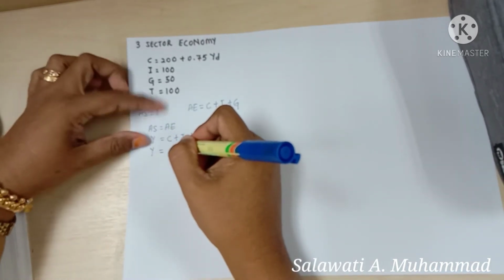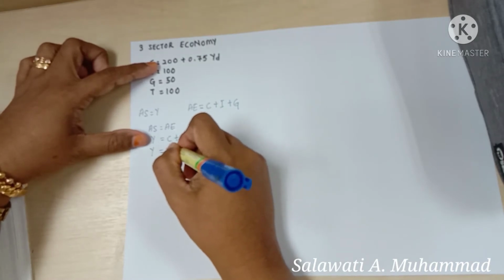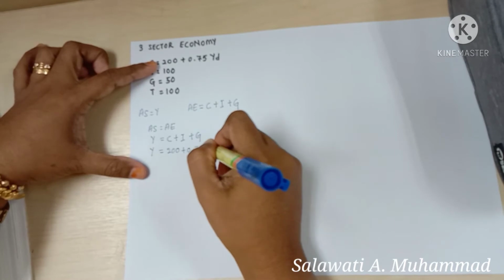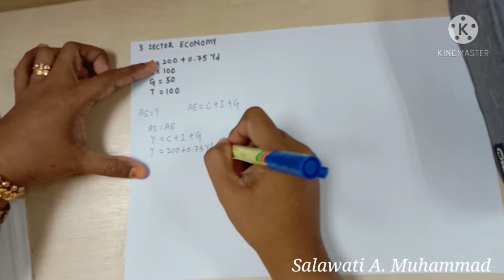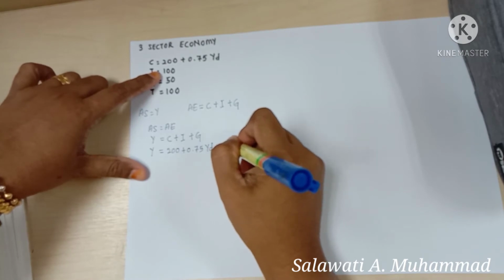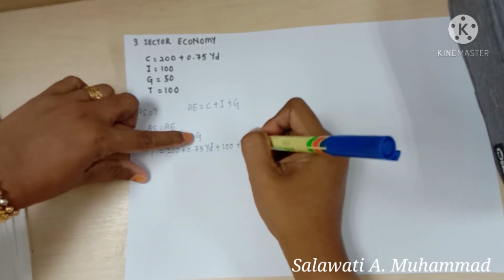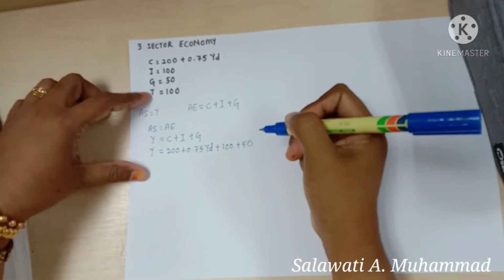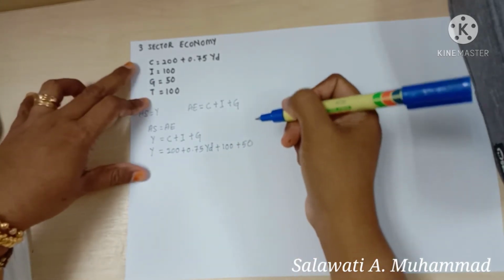What is C? C is 200 plus 0.75 YD, plus I is 100, plus G is 50. Okay, how about tax?